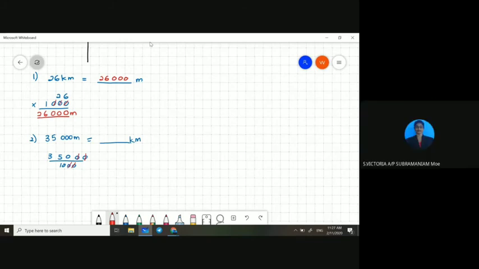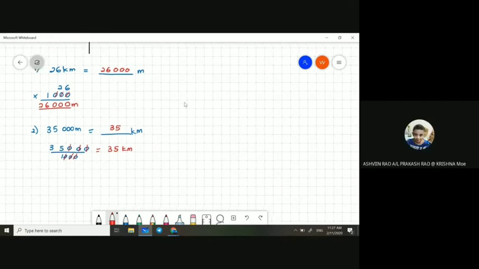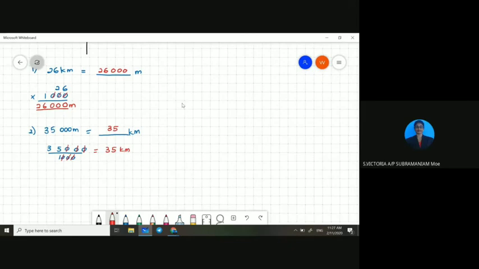One more pair, we also can cut the zeros. So the balance is 35. Answer is 35 kilometers. Okay. Teacher give you third example.